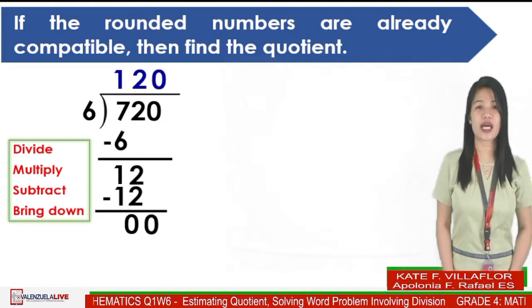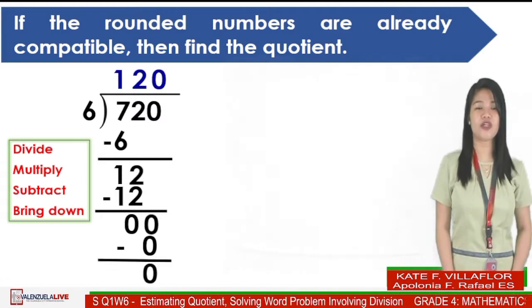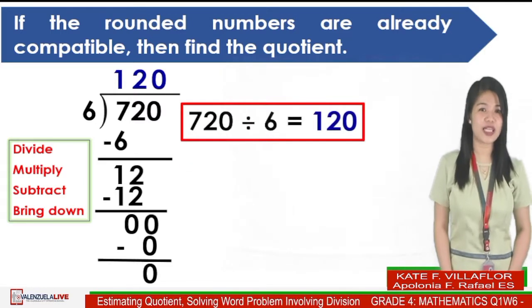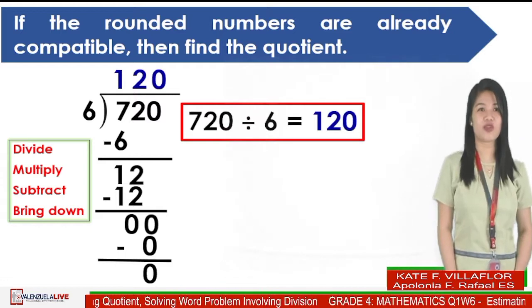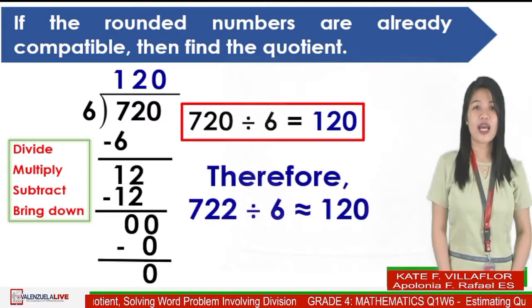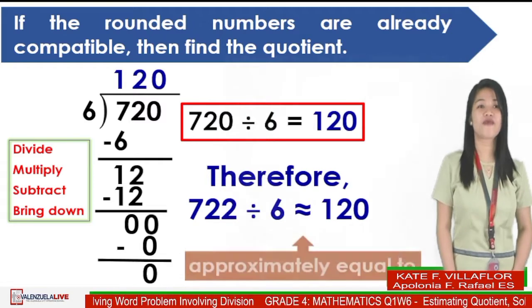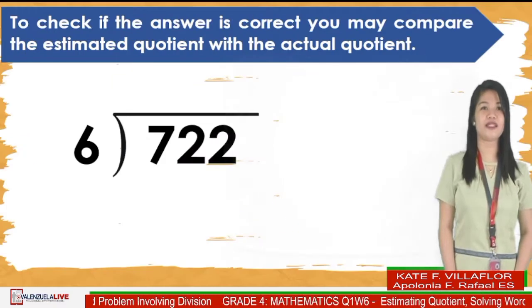Then 0 times 6 is equal to 0. Then subtract. 0 minus 0 is equal to 0. 720 divided by 6 is equal to 120. Therefore, 722 divided by 6 is approximately equal to 120.